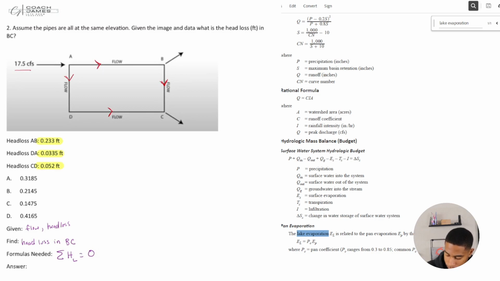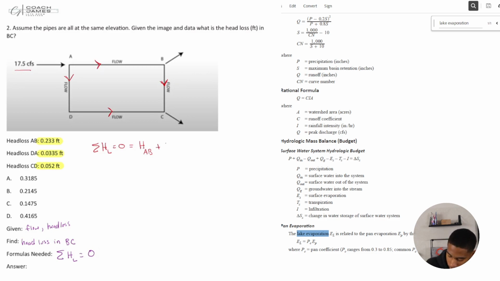So let's look at from A to B. So I know that the sum of the head loss is equal to 0, which is equal to, okay, we got the head loss in A to B, that's natural, and that's the typical direction that would be going, okay?